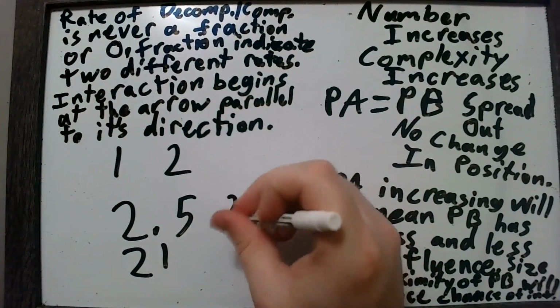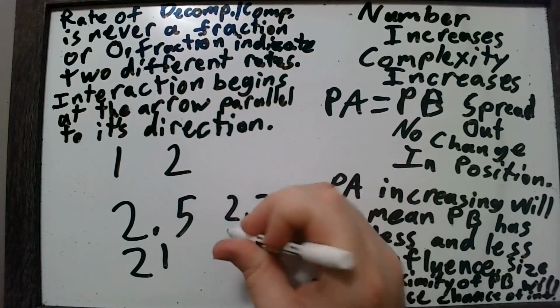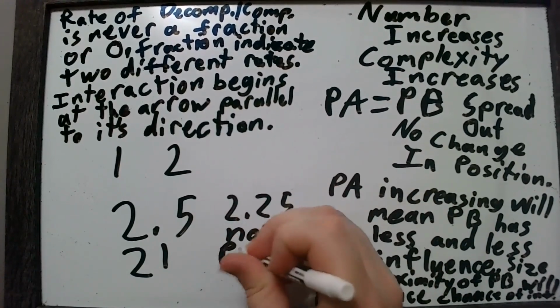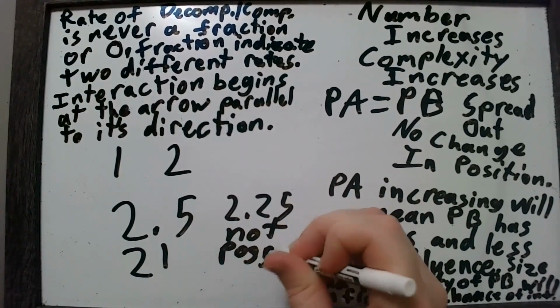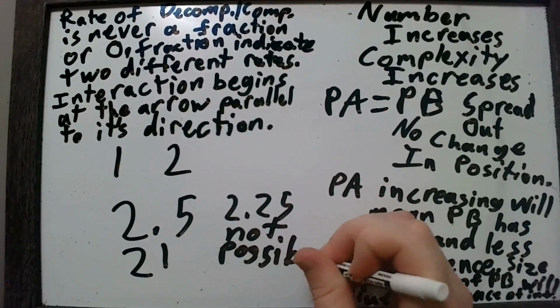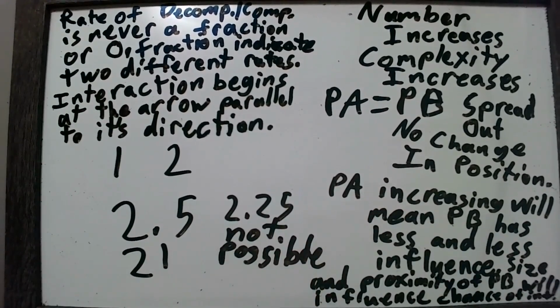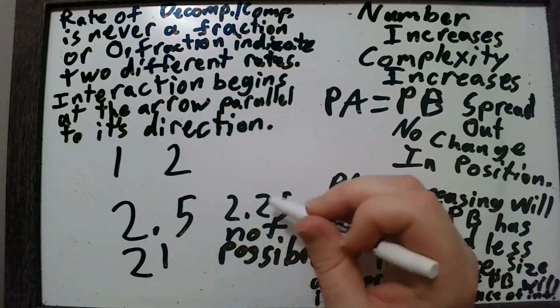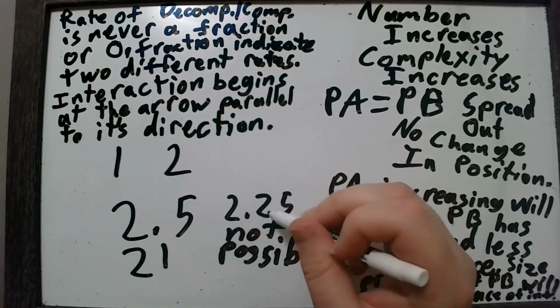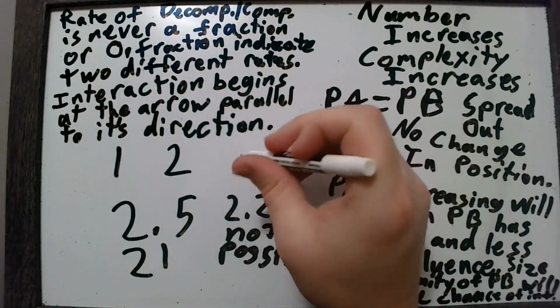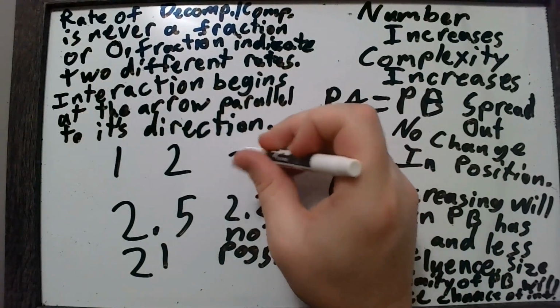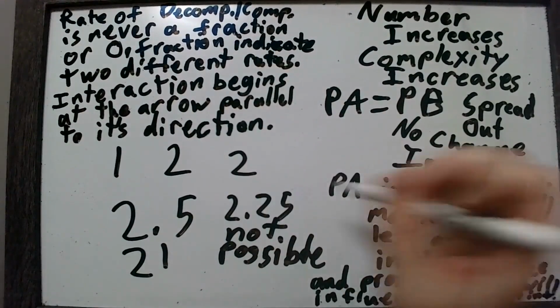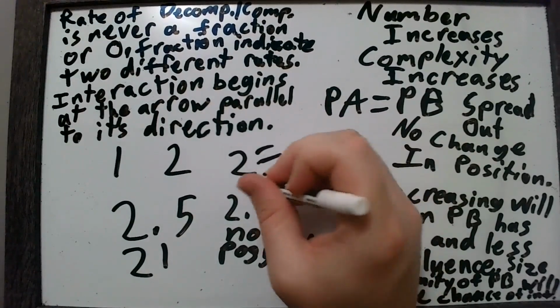But let's say there's 2.25. This is not possible. Because of the fact that the universe likes to step down to 1, and it may seem to be stepping down like this, like 2.25, but what's actually happening is you have something that is spherical, right? That's spreading outwards.